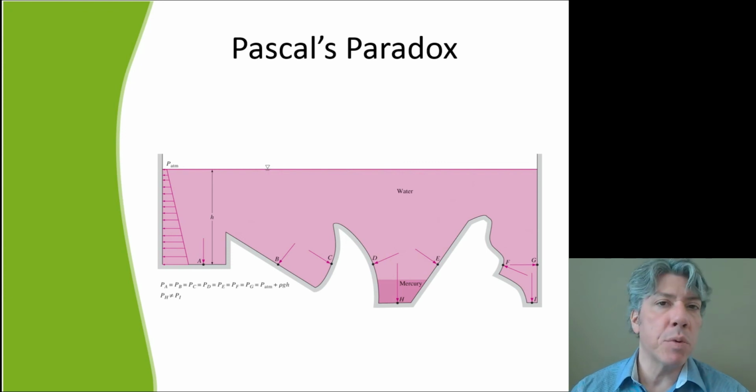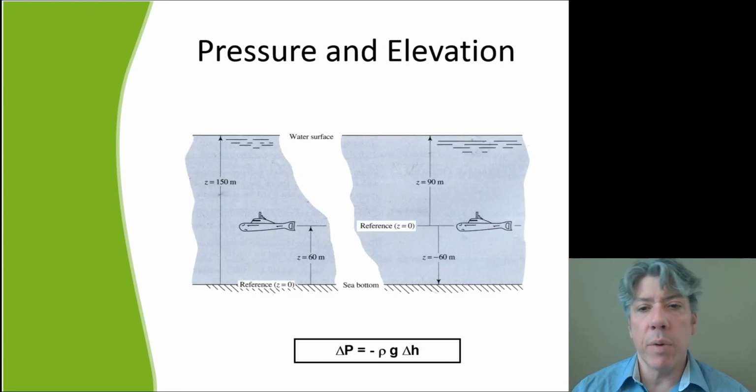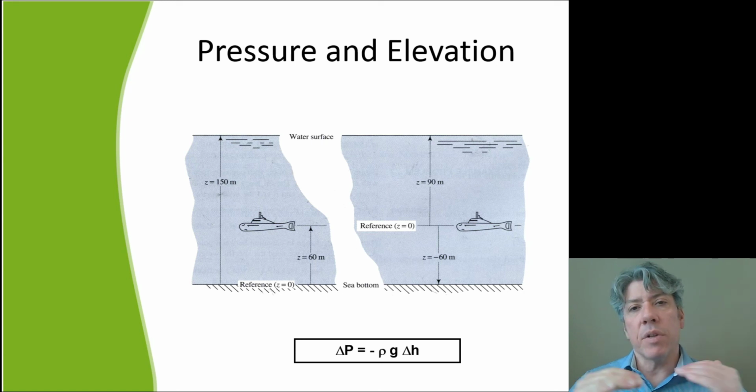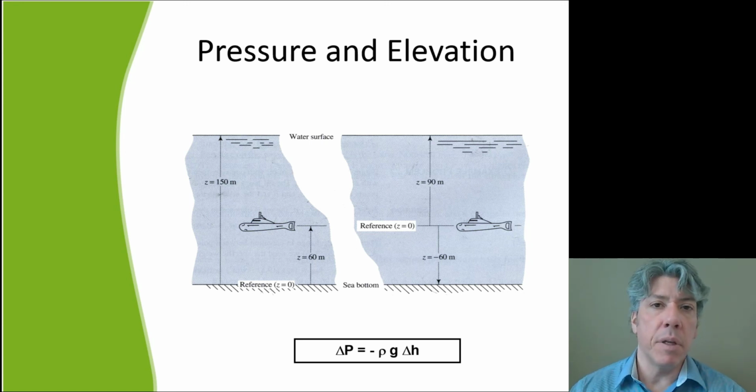So think about swimming in a swimming pool. As you move deeper and deeper into the pool, the pressure goes up linearly, because the pressure change is just rho g h. And that's the way we usually talk about it. So it doesn't really matter what the shape of the container is. If you're at the same level within the container, you will have the same pressure.